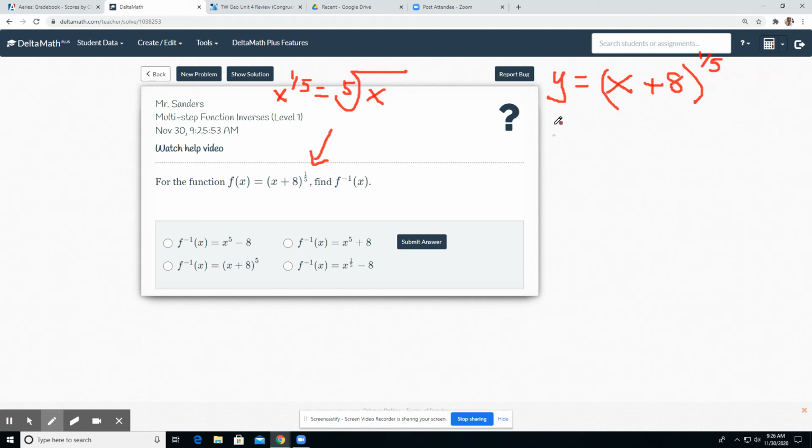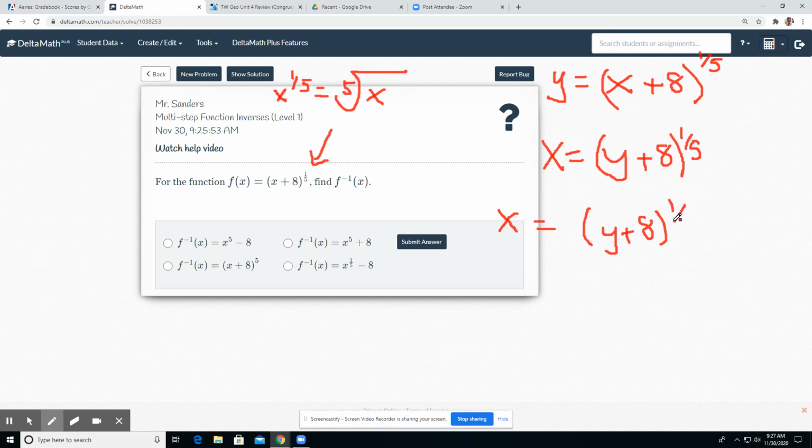Then just going through the process, our next step is to switch letters. Then undo everything that keeps y from being by itself. Remember, reverse operations, you're trying to unfold everything to get y by itself, so you can't subtract 8 first. It's trapped by that 1/5.